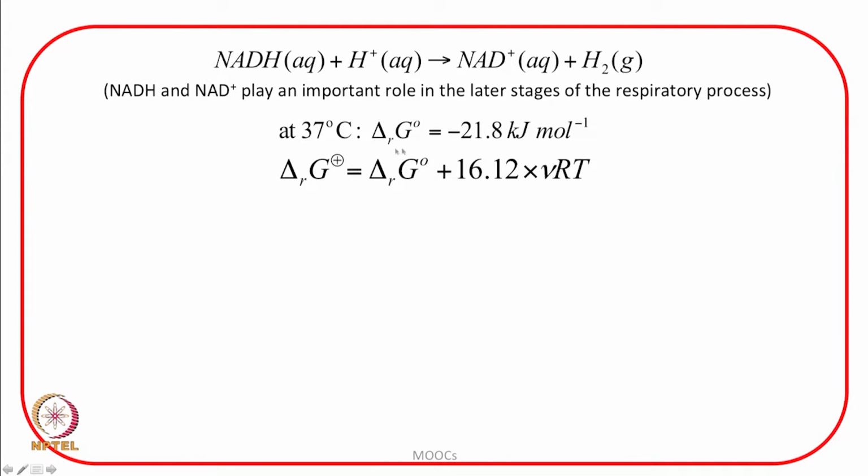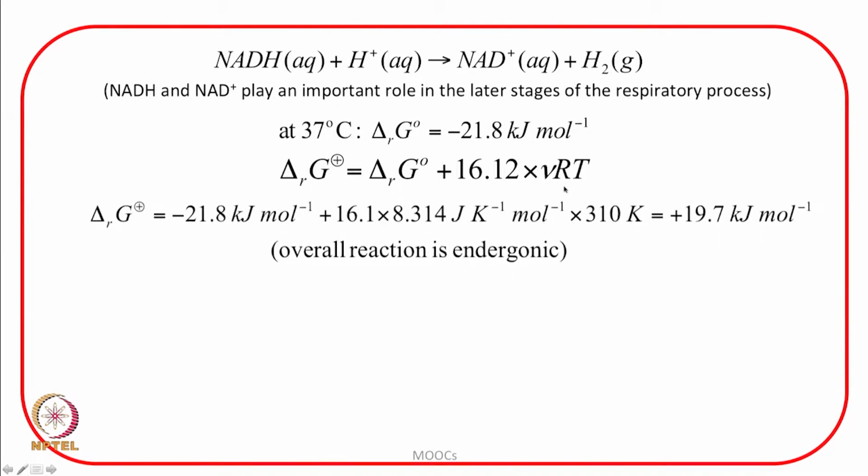We know the value of delta R G naught, and we know how many protons are involved. It is one only. You substitute the value of R and T as seen in the next step, and overall value is plus 19.7 kilojoules per mole. You see, the biological standard reaction Gibbs energy is overall positive. Overall positive means the reaction is endergonic. Endergonic reactions are not spontaneous.